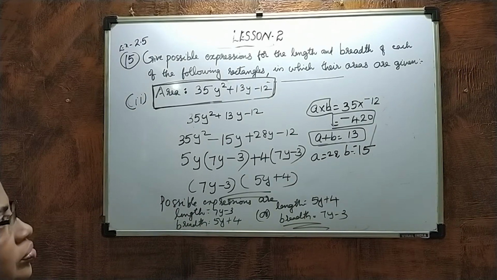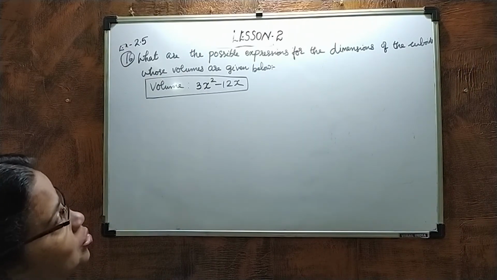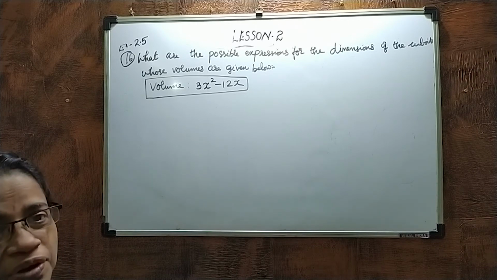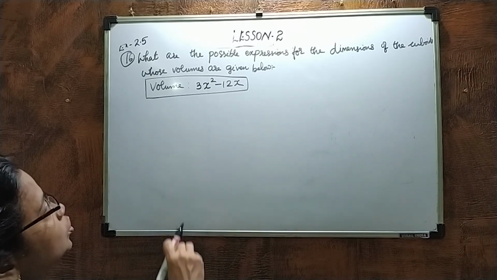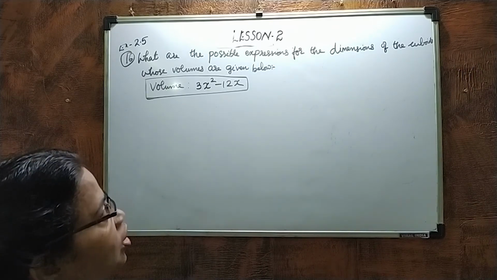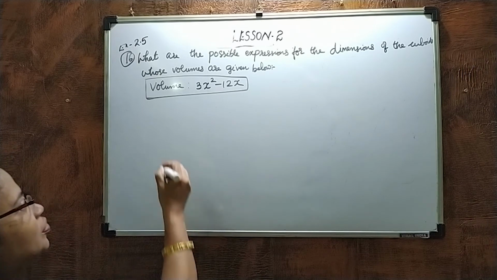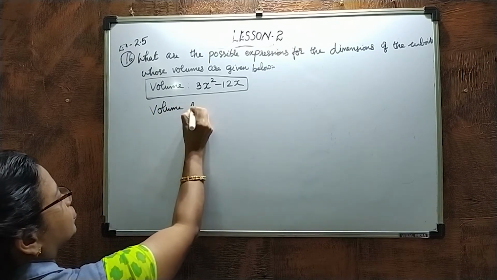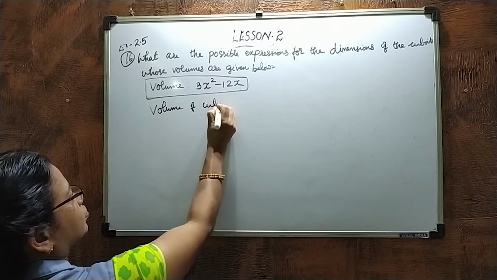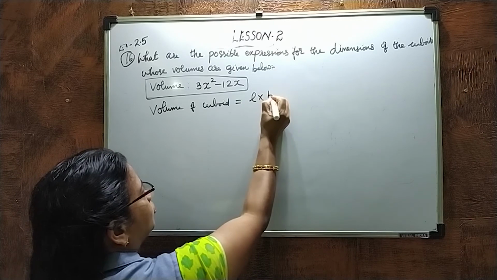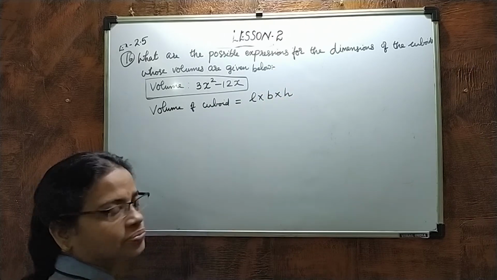Okay. 16th question. What are the possible expressions for the dimensions of the cuboids whose volumes are given below? So the volume is given. What is the volume of the cuboid? Volume of cuboid equals length into breadth into height.